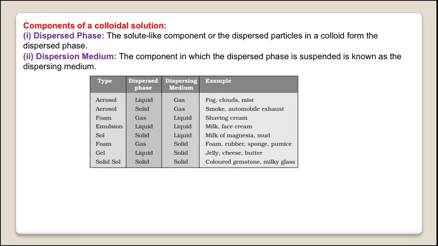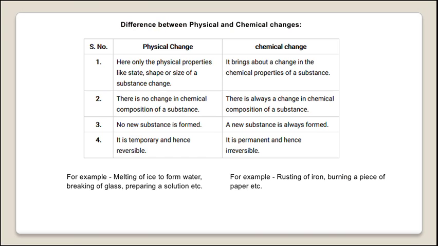Continuing to the next topic, that is physical and chemical changes. There are two types of changes, physical and chemical. Physical changes are the changes which are temporary and hence most of the physical changes can be reversed easily. Whereas chemical changes are permanent, thus most of the chemical changes are irreversible.